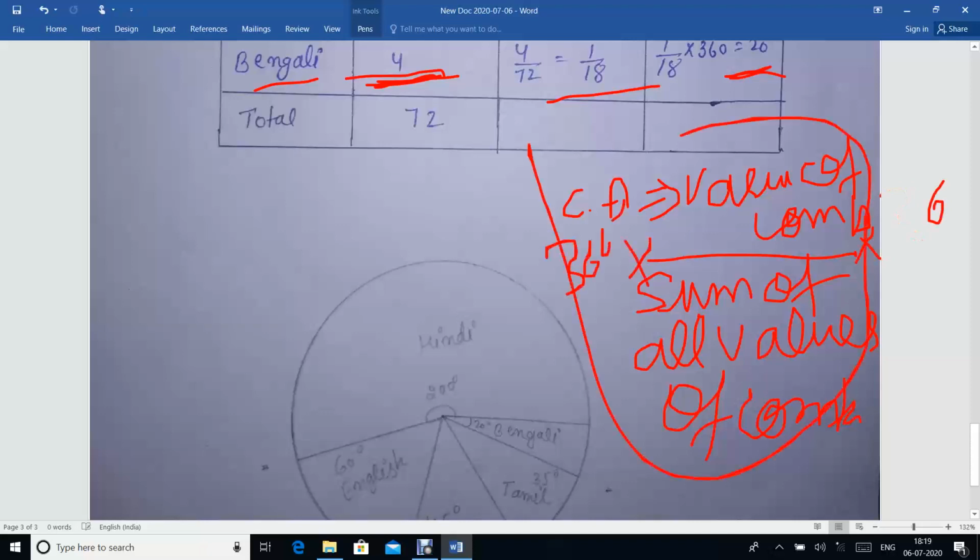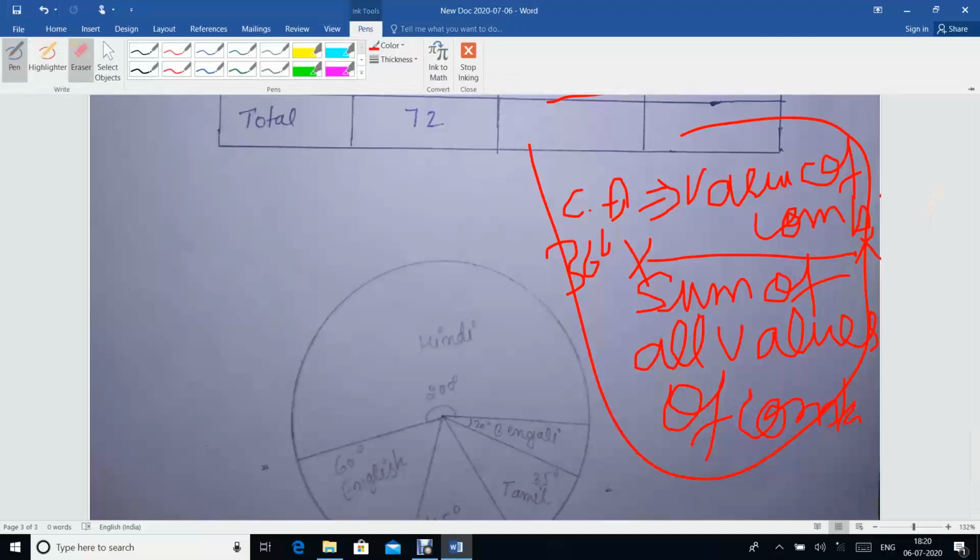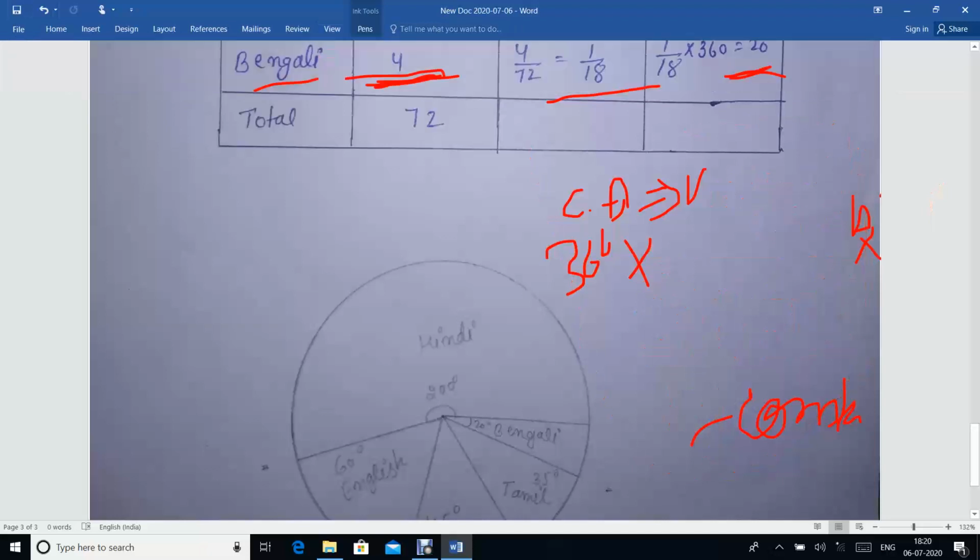This is the formula for the central angle. Now you have to make the pie chart for these central angles.